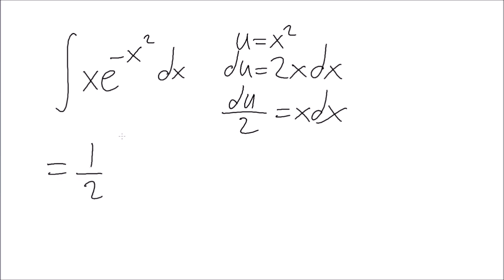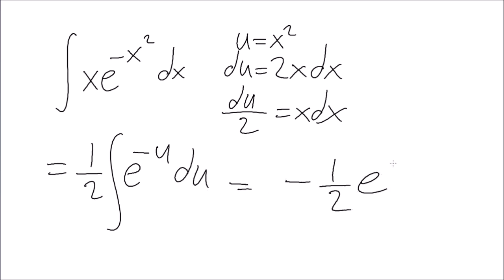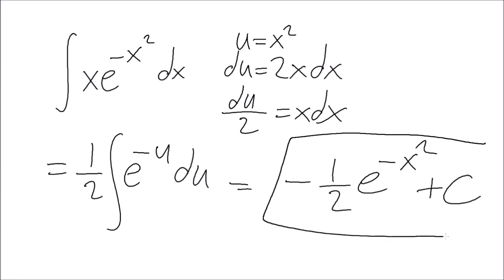So it's a half. That x dx gets substituted. E to the negative u. So our actual answer is this. All right, cool. We almost died, but we caught it.